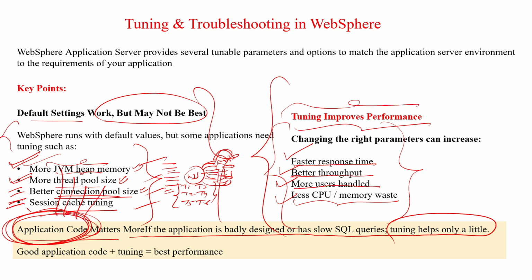Someone can write the code in one line, but someone can write the same code in two pages. So your code participates very heavily in the tuning as well. You have to make sure that your application code is properly optimized. With good application code along with tuning, you can get the best performance. This application code tuning depends completely on your developers.